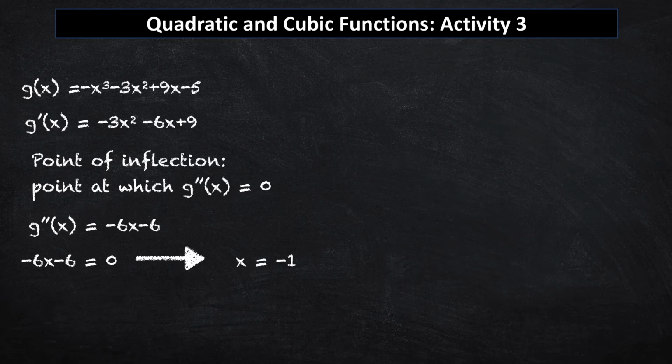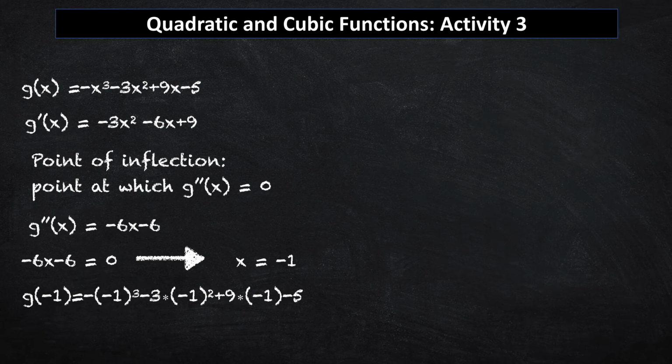So the point of inflection is at x equal to minus 1. To find the y value, we take the function and we substitute minus 1 for all the x values, and we find that g of minus 1 is equal to 1 minus 3 minus 9 minus 5, which is equal to minus 16.